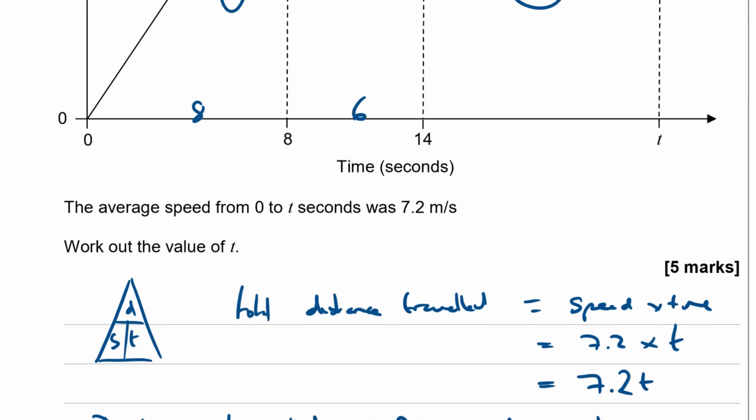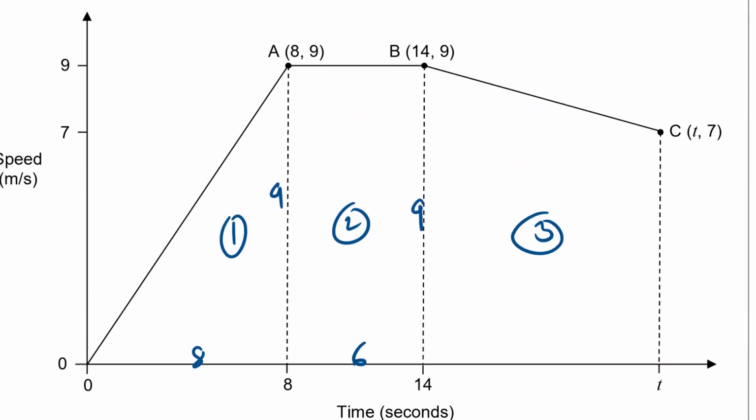And then for the trapezium, you average out your two parallel sides, so it would be 9 plus 7 over 2 times the distance between them. That distance is going to be t subtract 14. Does that make sense?